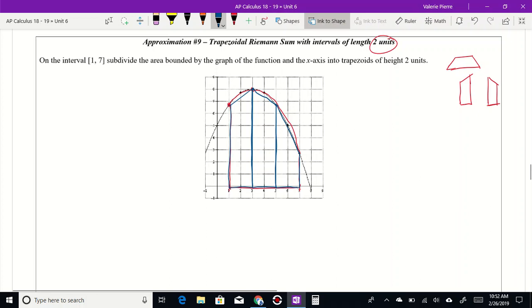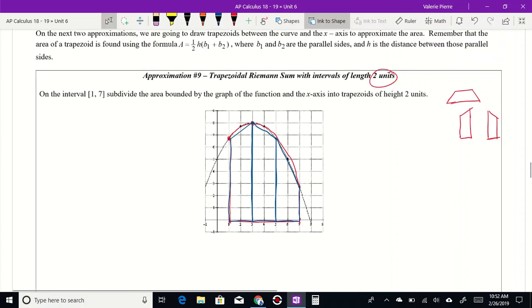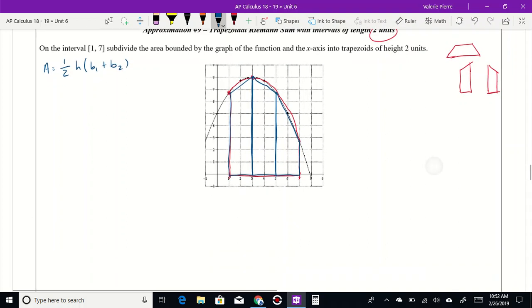All right. So reminding ourselves that the area of a trapezoid is equal to 1/2 height times base 1 plus base 2. Right? And looking at our sketches on the side here, our height will be the bottom, and our base 1, base 2, doesn't really matter which one you consider to be which, are our 2 parallel sides.